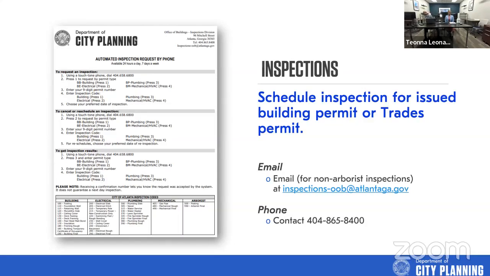Both can probably be scheduled at once, but a lot of times it may not be feasible to get them both out there at the same time, since they are from two different agencies. The arborist is within the Office of Buildings, outside of the parks on private property, and the other is with the Department of Watershed Management, which is site development.